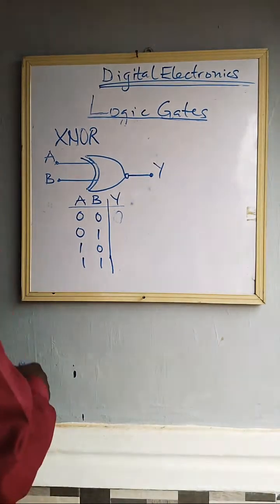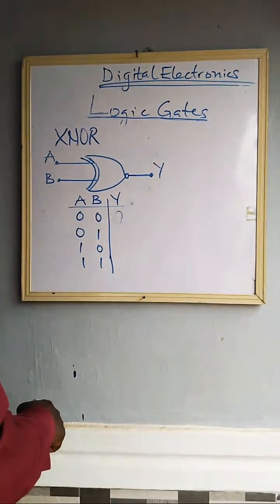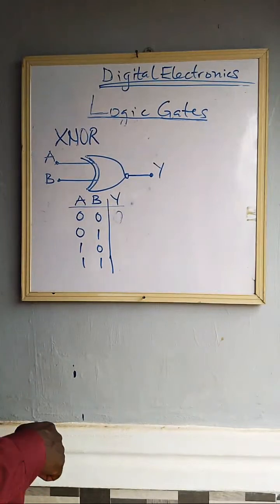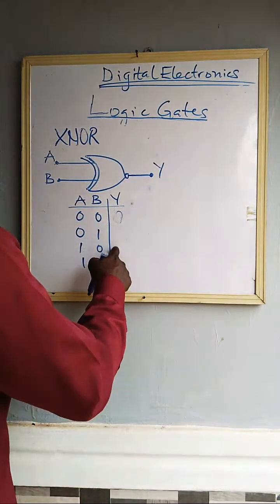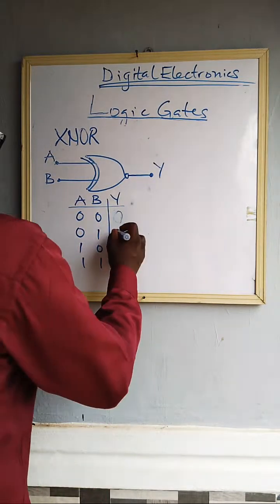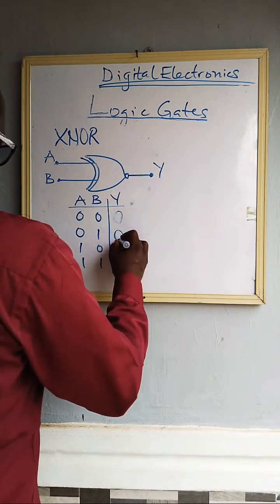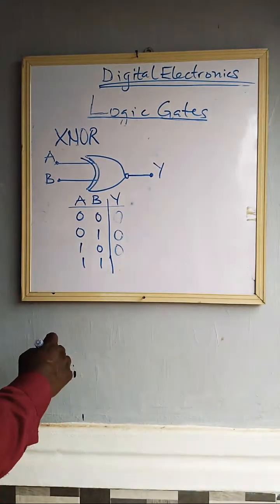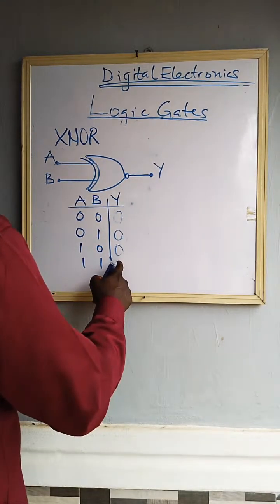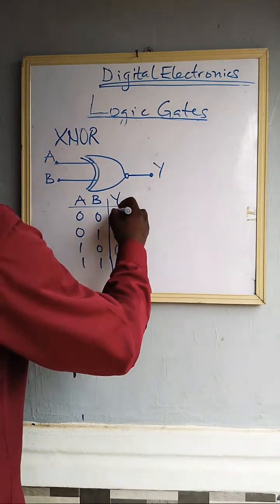Okay. And then when one is low and one is high, the ordinary NOR gate is supposed to give us a low, and a low here. Okay, and this is supposed to be for the ordinary NOR gate. Here supposed to be 1.